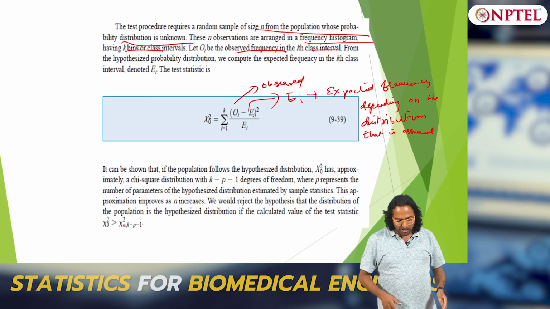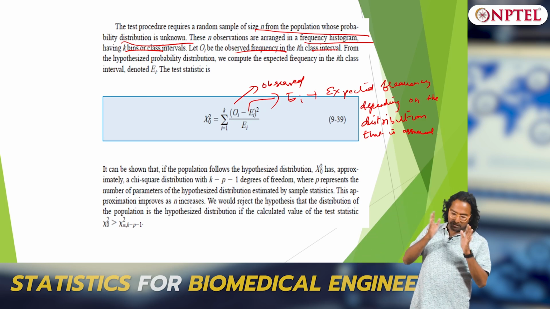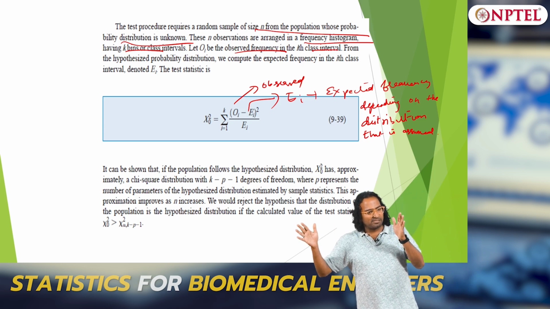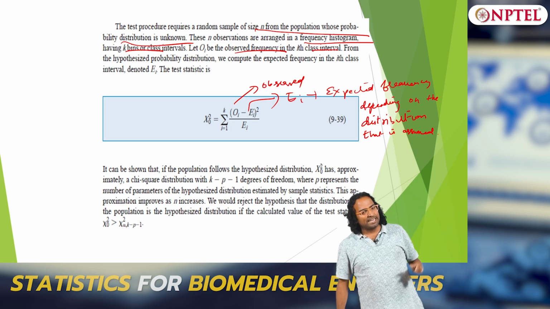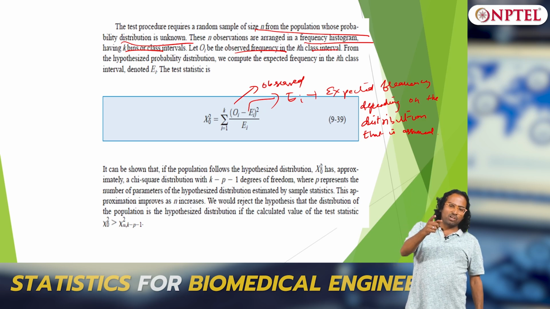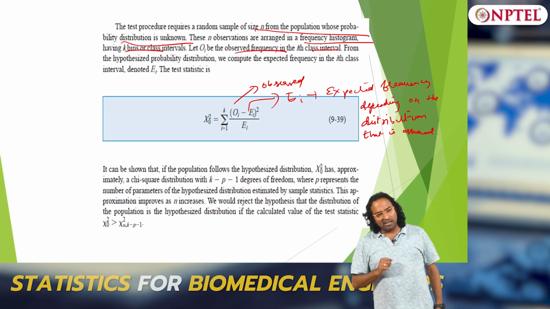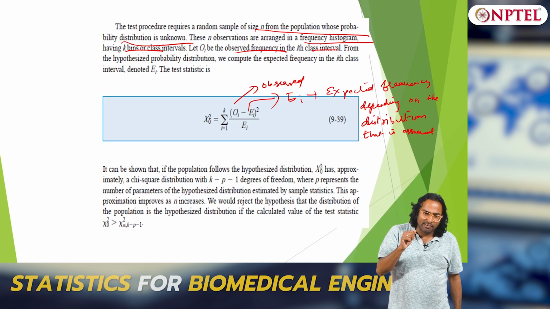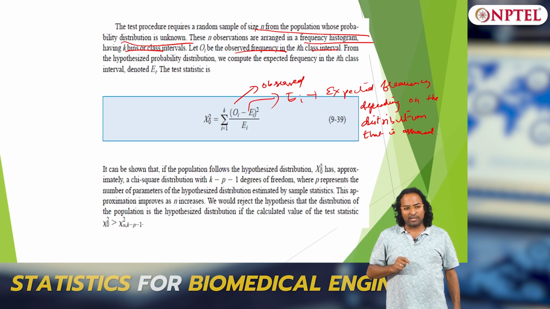So what are we doing? These n observations are divided into a frequency histogram having k bins or class intervals. In each interval, based on your data, you get an observation, that is your Oi. In each interval, based on your assumption of the probability distribution, you get a value that is called expected.